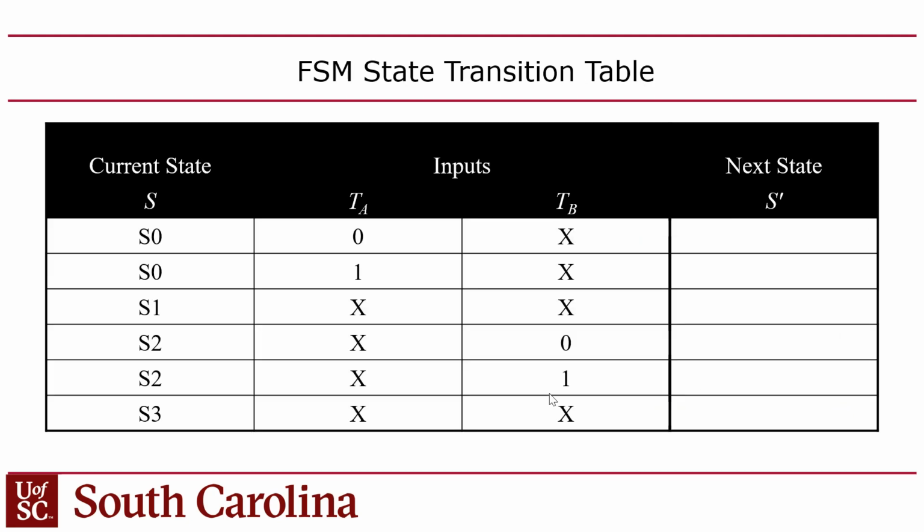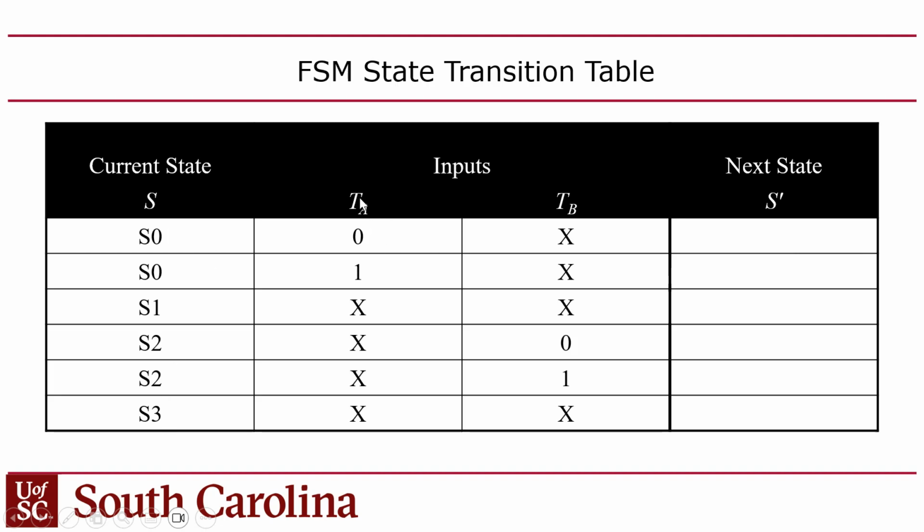And so to build this in hardware, you have to create a state transition table. So this is basically just a truth table that relates the state and the inputs to the next state. So the current state is labeled S, the next state is S prime, and the 4 states are S0 through S3.